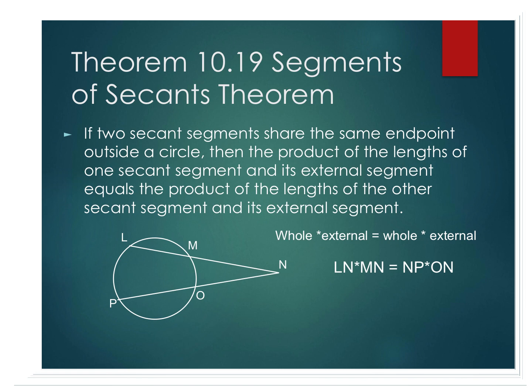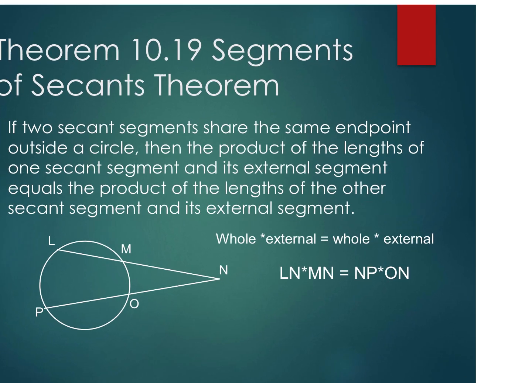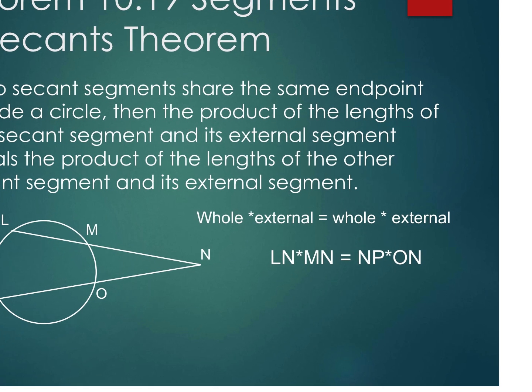So as long as these 2 secant segments are in the same circle, you can apply the formula which says you take the whole thing, you multiply it by just the external part, and that should be the same value as the whole thing times the external part for the other secant, okay?